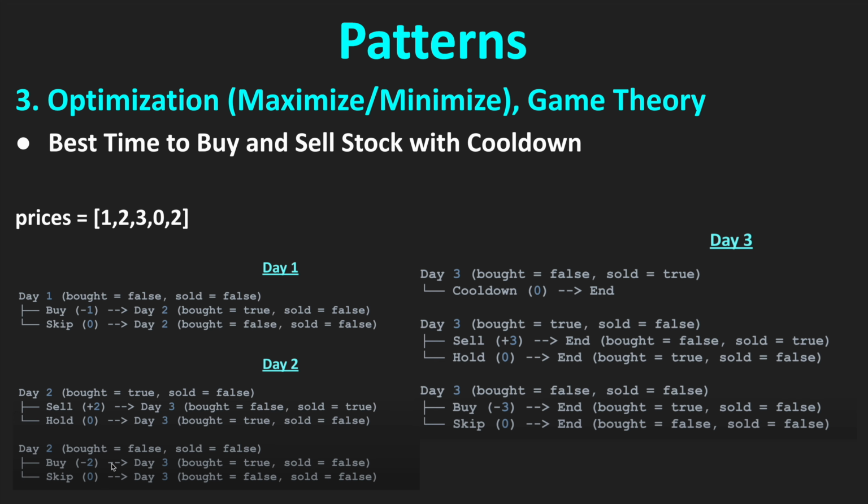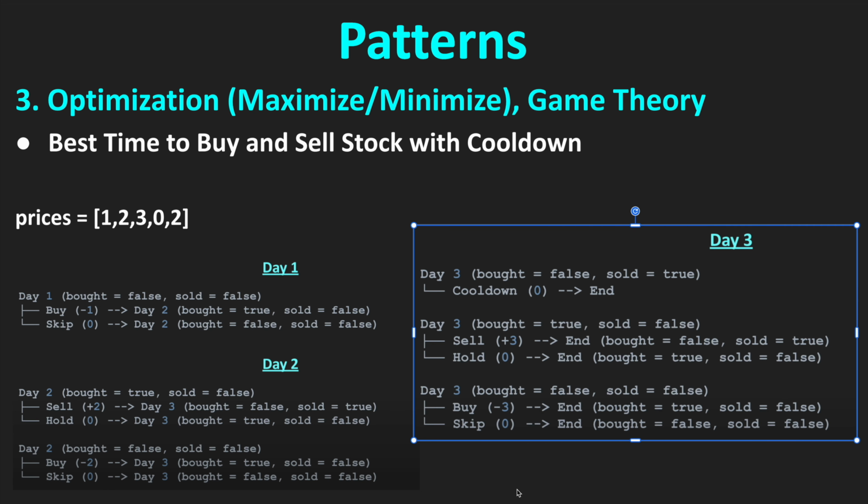Another option for day 2: if we didn't do anything on the first day, we can buy and set bought to true, or we can just skip. For day 3, what options do we have? If our sold is true, we cannot do anything here, we have a cooldown.